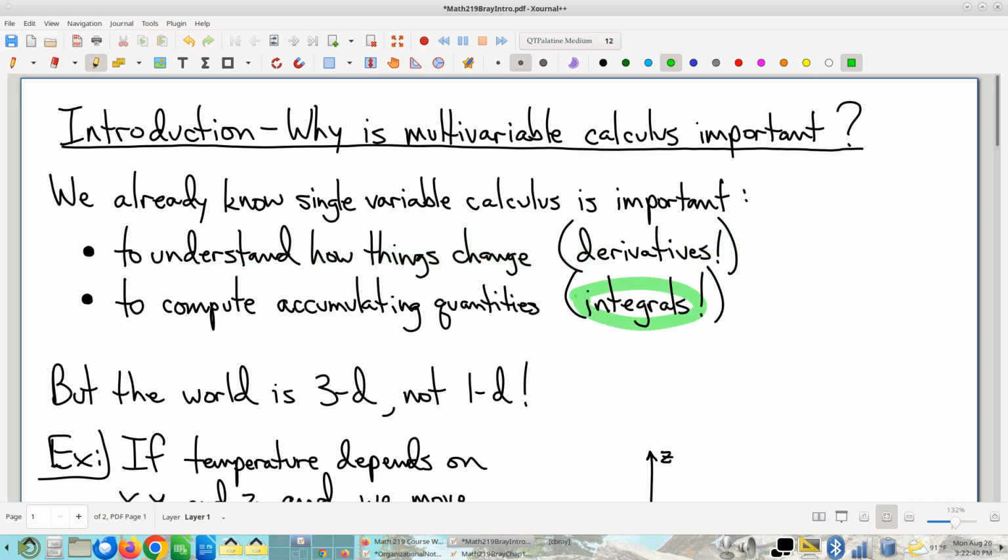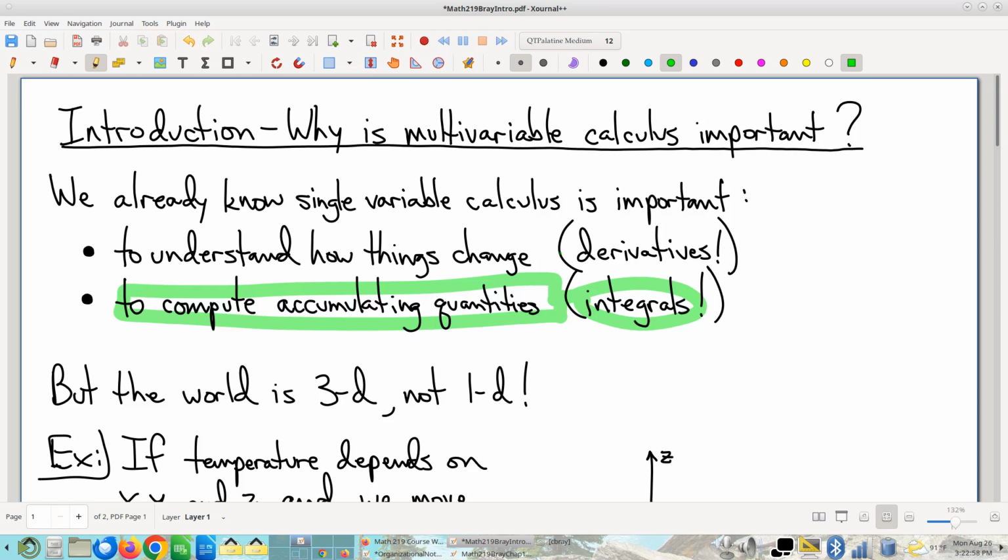A lot of people misunderstand and think integrals are about area under a curve. I think that's inaccurate. Area under a curve is a convenient metaphor, I suppose, but it's really not the point.